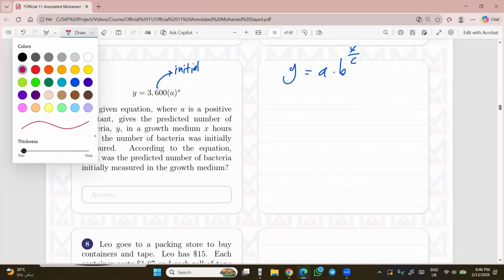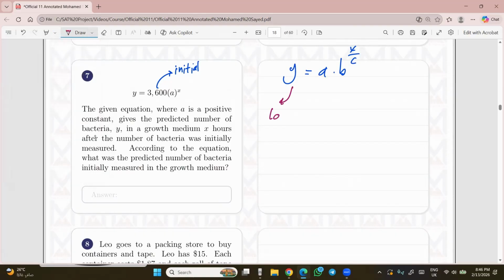For example, this y is called the total, or the amount after, and this a is the initial, or the amount before. B is the rate, and this is associated with 1 plus something percent, or 1 minus something percent.